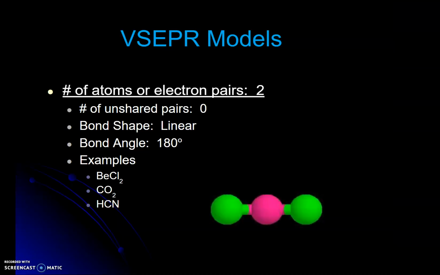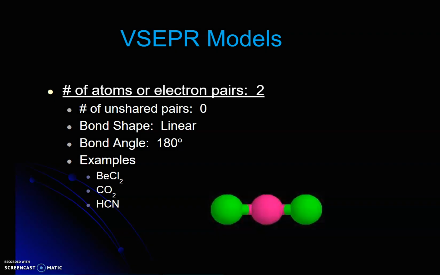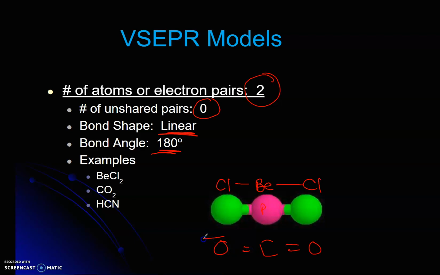All right, so some examples of this. For two things around our central atom, a steric number of 2 is going to give you a linear shape with a bond angle of 180 degrees if there are no lone pairs. So this would be your Be and Cl and Cl, and they would make a complete straight line. Okay, carbon dioxide is also going to have a linear shape.